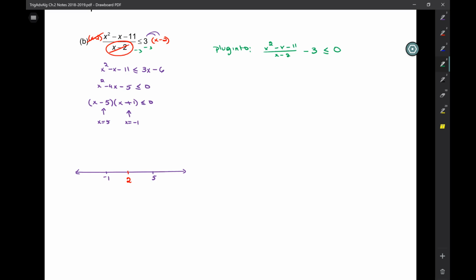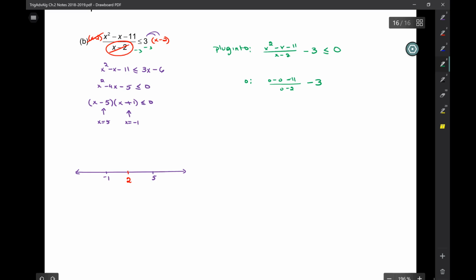So now let's plug in a 0. If I plug in a 0 here, I get 0 minus 0 minus 11 over 0 minus 2 minus 3. And again, students are allowed to plug this into their scientific calculators if we have to minimize the computation.